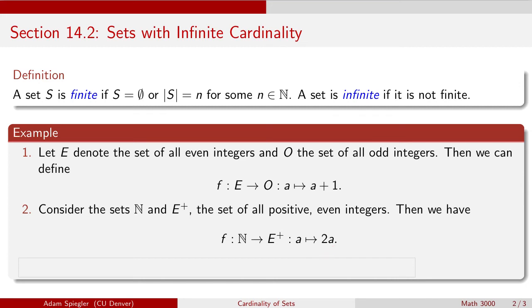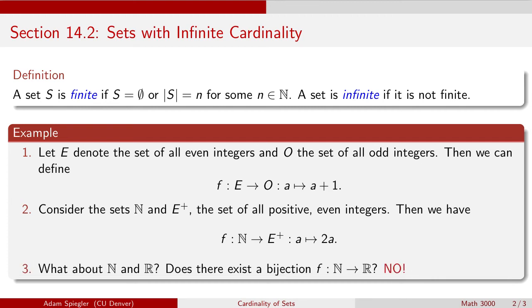So this means we would get 2, and then 4, and then 6, etc. So you might have thought, well, E plus is actually a subset of the natural numbers, and that's true, it is, but both of these sets, we would say, have the same cardinality. They have an infinite number of elements, and we'll see that that notion of infinity is the same in both of those sets.